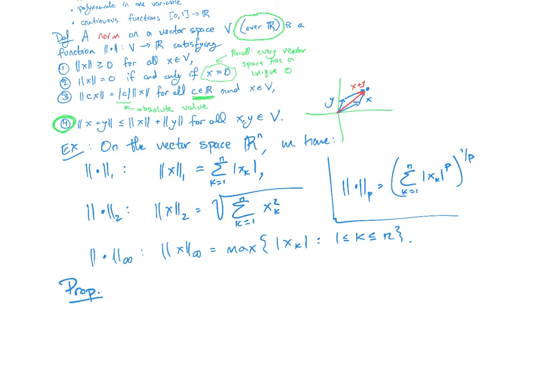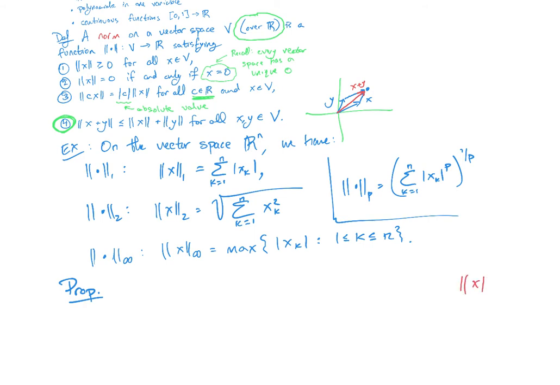Okay, now, how do norms and metrics compare? You can define a norm by taking a metric and the distance of a vector to zero.